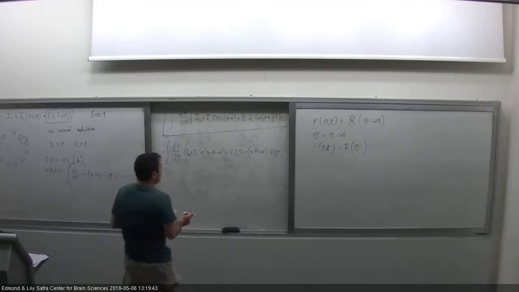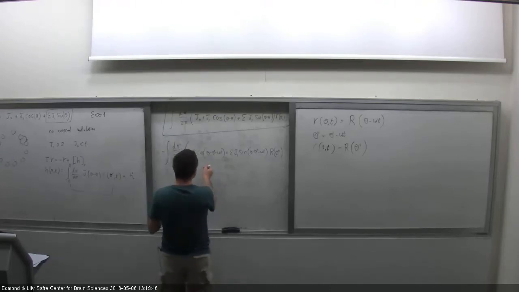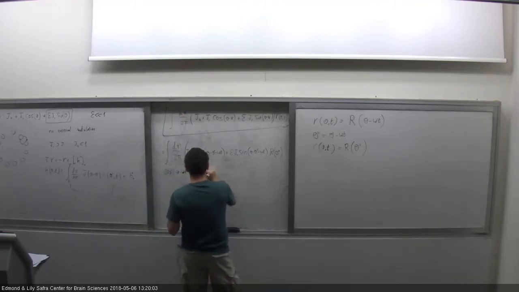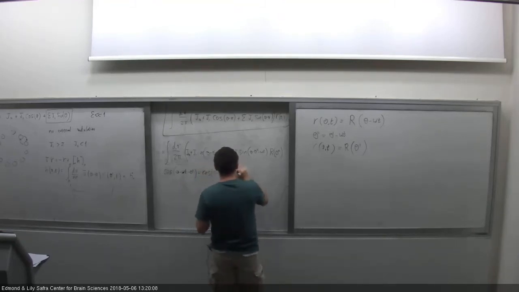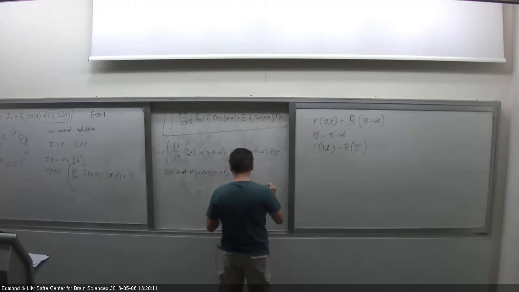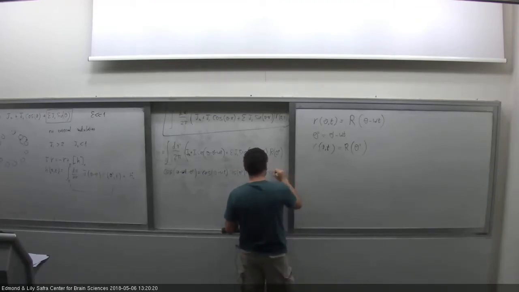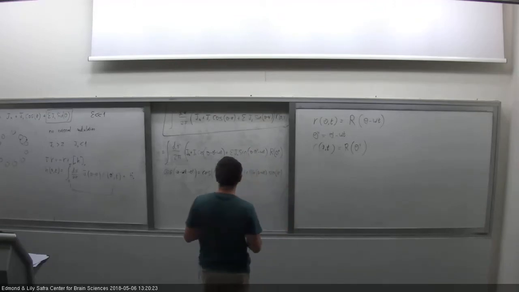So the next step would be to open the cosine and sine using the basic trigonometric identities. So cosine of theta minus wt minus theta prime prime would be equal to cosine of theta minus wt times cosine of theta prime prime, plus sine of theta minus wt times sine of theta prime prime.